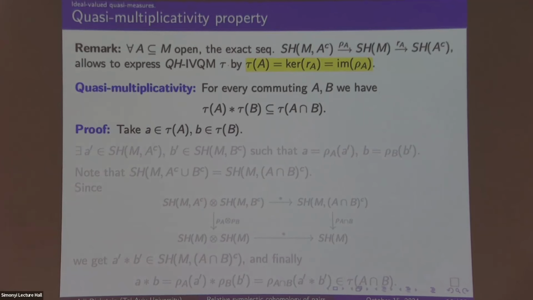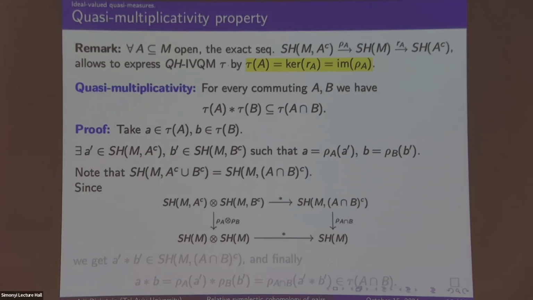Take two elements, one from tau of A and the second from tau of B. From exactness, we know that there are A prime and B prime such that A prime goes to A and B prime goes to B. Now, from the Mayer-Vietoris rule, we know that SH of M comma the union of the complements equals SH of M comma the complement of the intersection.